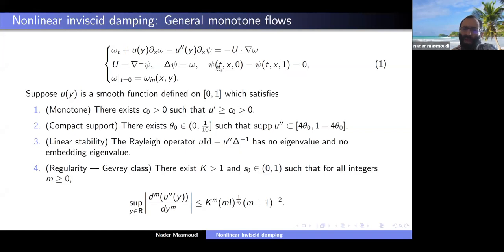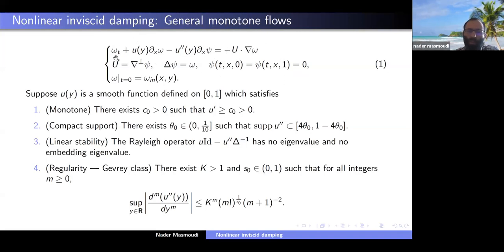It ensures that the normal velocity vanishes at the upper and lower boundary. Capital U is the velocity of the perturbation, and U(y) is my shear flow around which I am linearizing. So this is the linear part, and this is the nonlinear part.